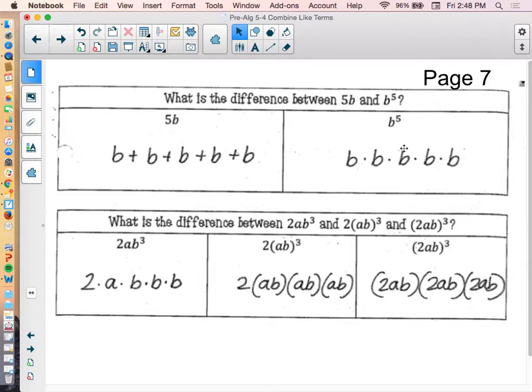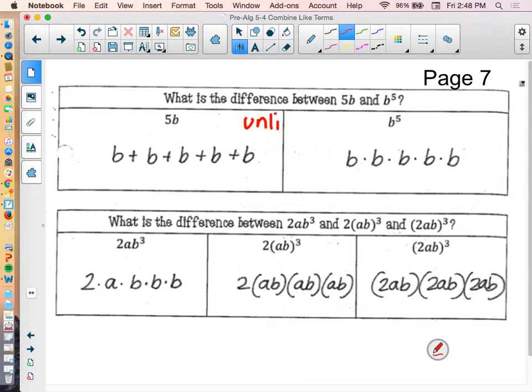It's b multiplied by itself 5 times. So these are two totally different things. So please make sure that you understand that those are unlike terms and cannot be combined.